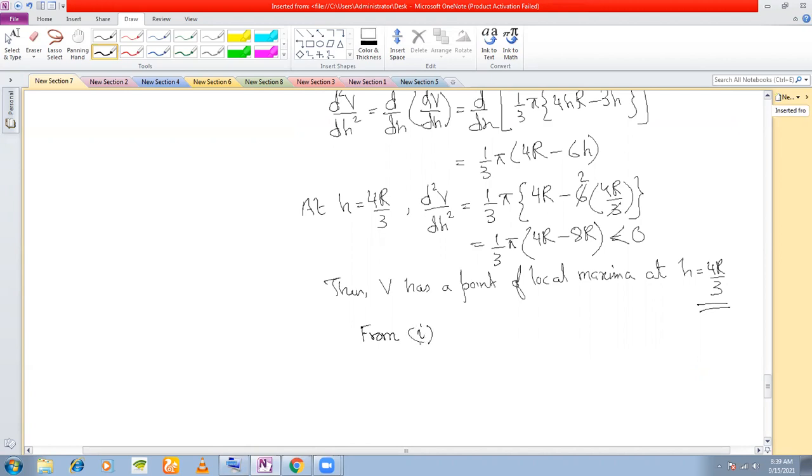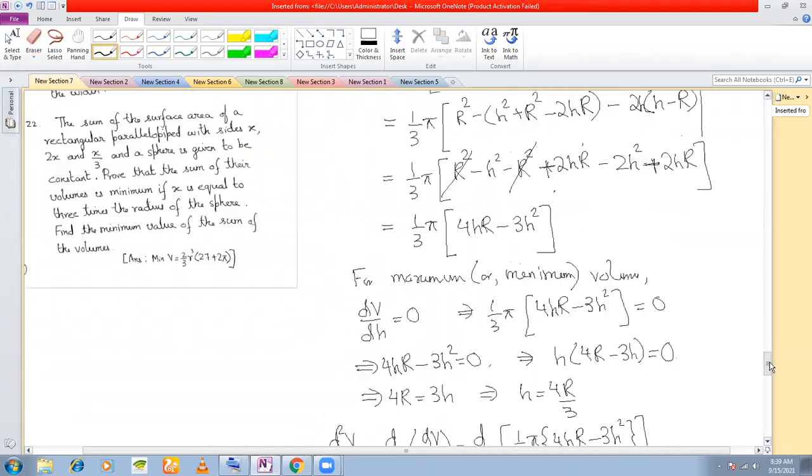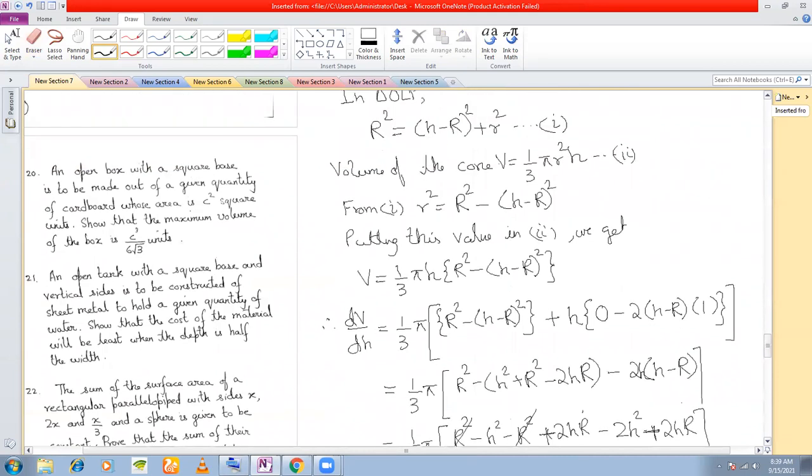So from 1, what was our relation 1? Or what you can do is, because you have found out a relation between h and 4r by 3, you can also use this because you need to find out the maximum volume, right? You can put it here only.